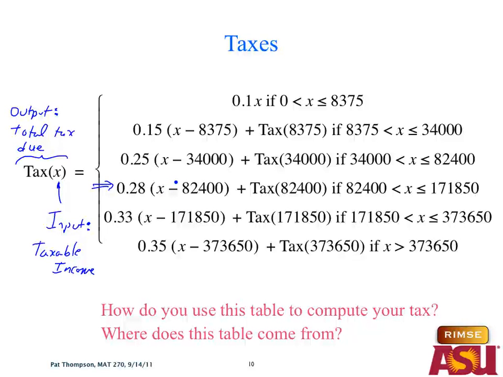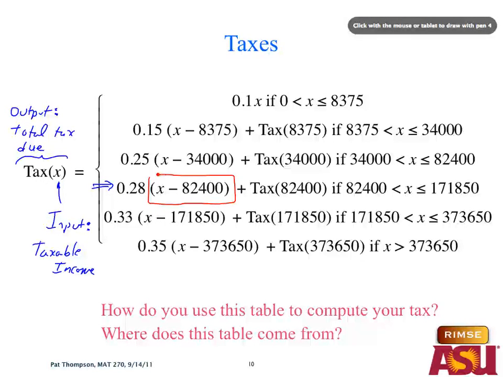What does that quantity represent right there? So X minus 82,400 as a quantity, as a final answer, how would you describe what that represents? Bennett? It's your total income minus the 82,400 that has already been taxed.